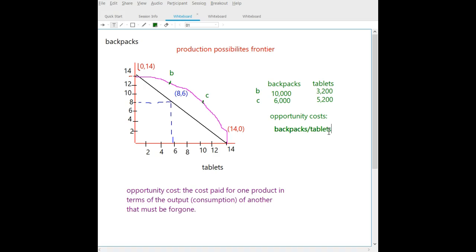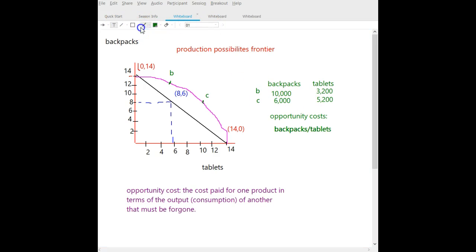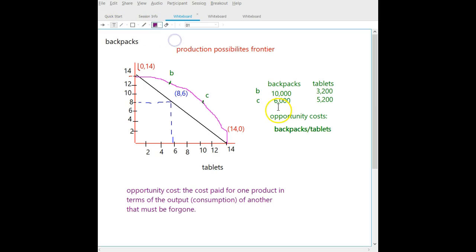So here we're going to want to find the difference. The difference between 10,000 and 6,000 is 4,000. We'll write it down real quick. And in this case here, the difference would be 2,000.